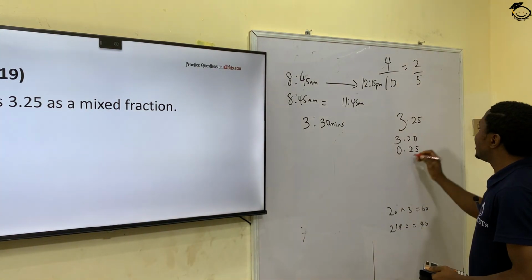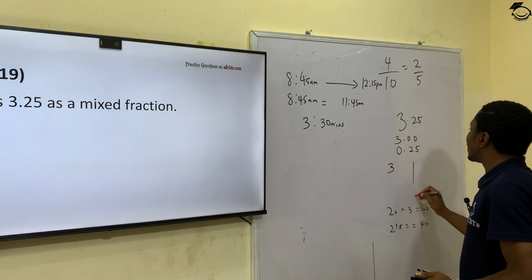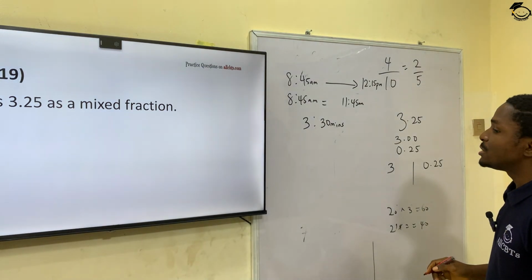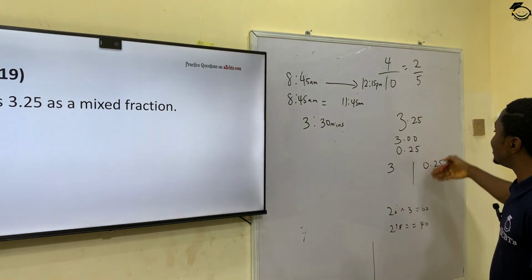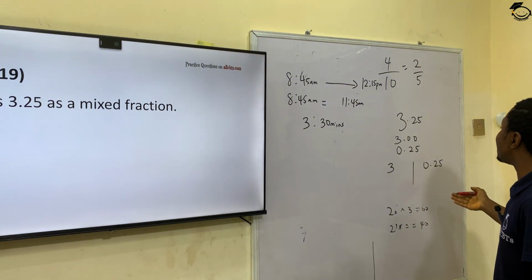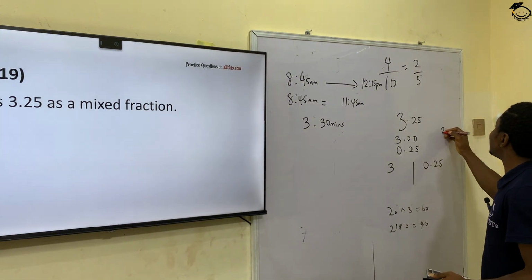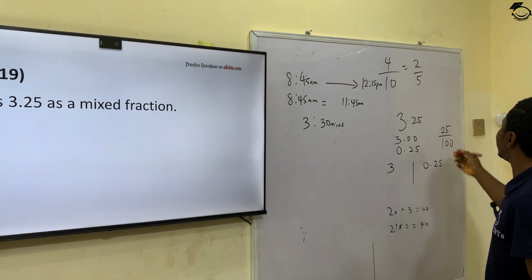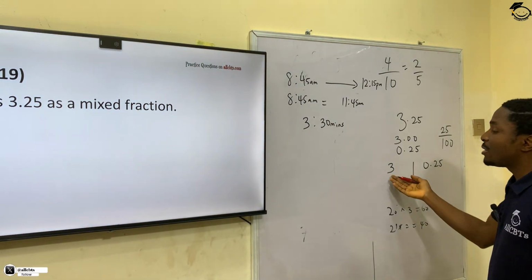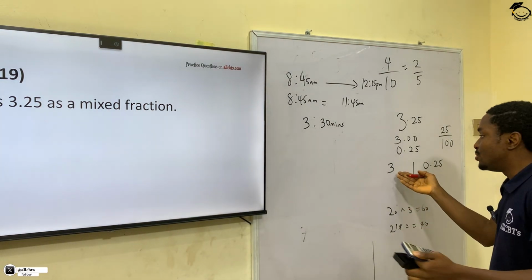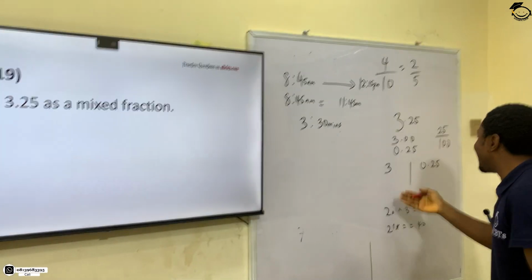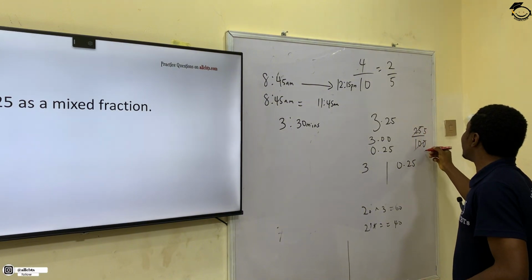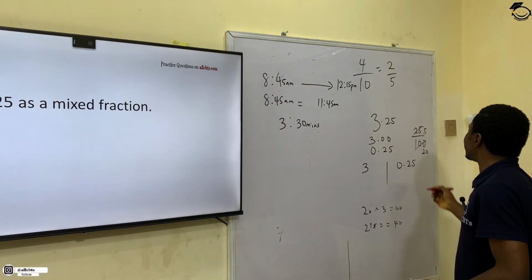So you can have your 3 and your 0.25 on the other side. If you want to convert 0.25 to a fraction, it is the same thing as saying 25 over 100, right? So you divide this first. If you use 5 here, 25 gives you 5, and 100 gives you 20.